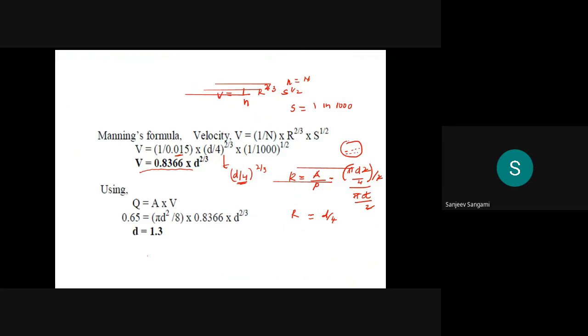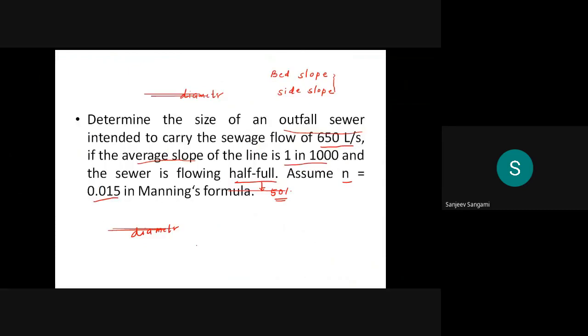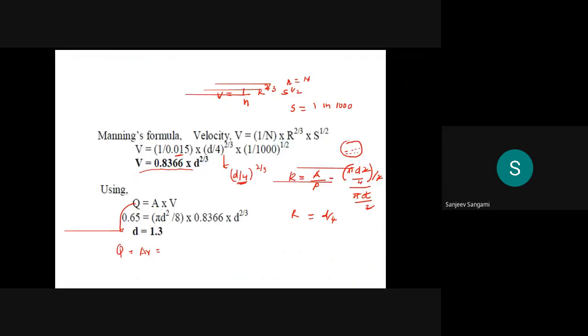Then we have the continuity equation. It is nothing but Q is equal to AV. If you apply that, of course Q they have already given, that is 650 liters per second. So Q is equal to 650 liters per second.